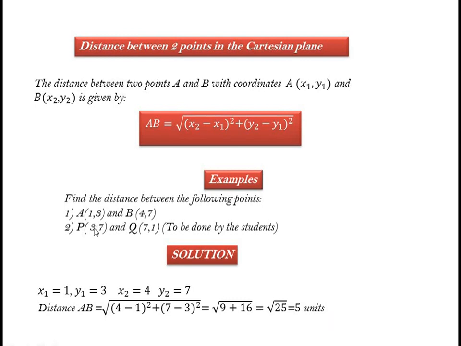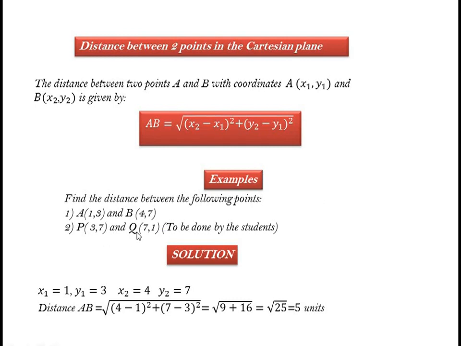Okay. Then I give a few seconds for the student to calculate the distance PQ. Our name for distance is the length between these 2 points forming that line.